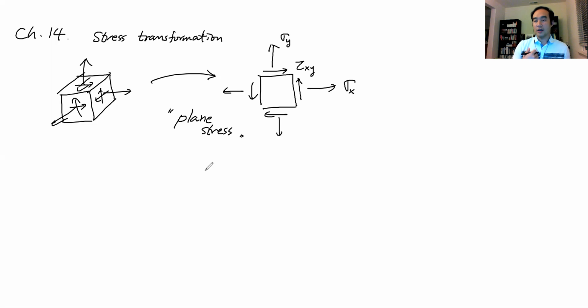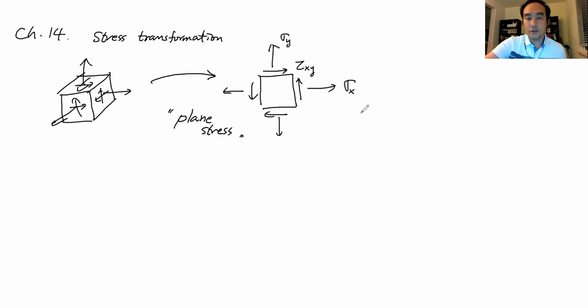As a designer, we have to make sure that those maximum normal stress and maximum shear stress due to the load will not exceed the maximum capacity, right? The allowable normal stresses and allowable shearing stresses. So that's one of the reasons that we apply this stress transformation to find the maximum values.